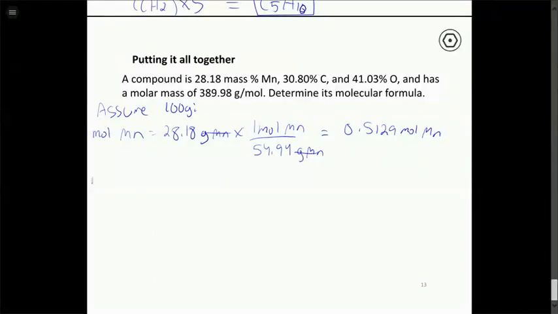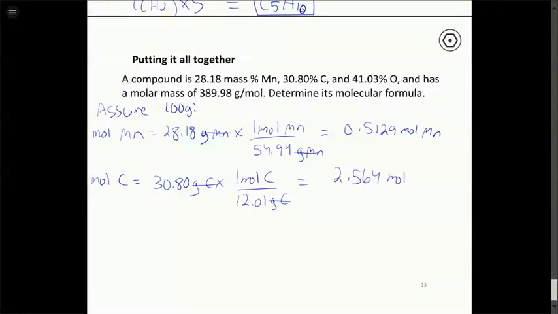The moles for carbon, we have 30.80%, so we assume in 100 grams, that means there's 30.80 grams of carbon. 1 mole of carbon has an atomic mass of 12.01. So that means we have 2.564 moles of carbon.